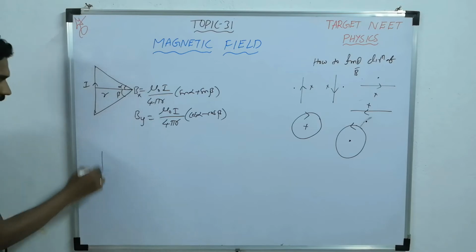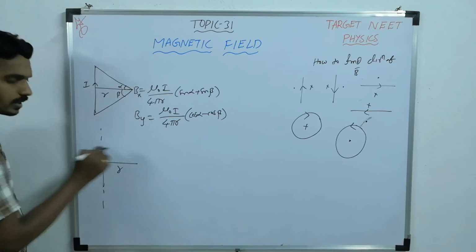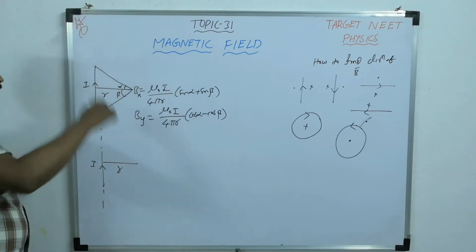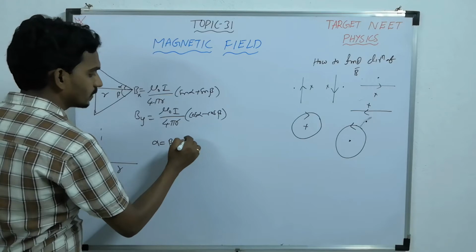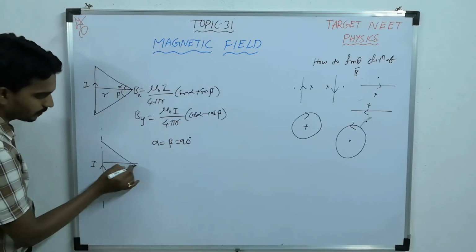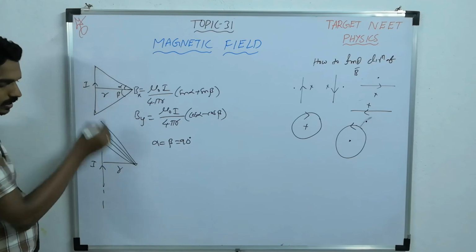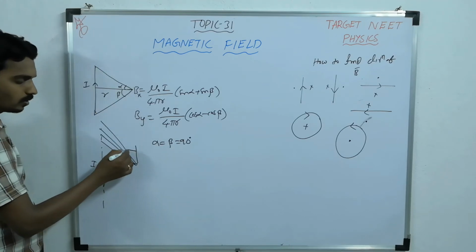But if you take the same wire as infinitely long, then at the same distance, as length increases, the angle also increases. At infinity, alpha and beta both become 90 degrees. Infinity means what maximum it can go? 90.